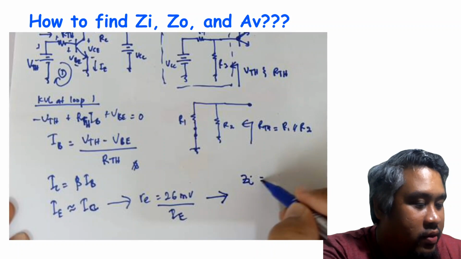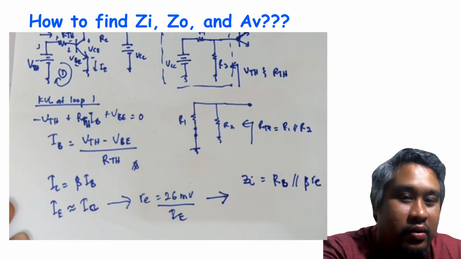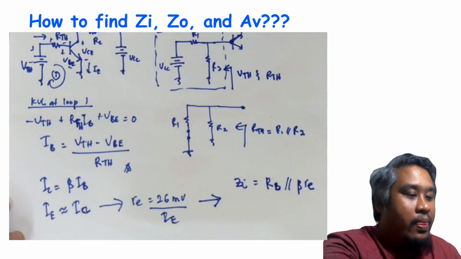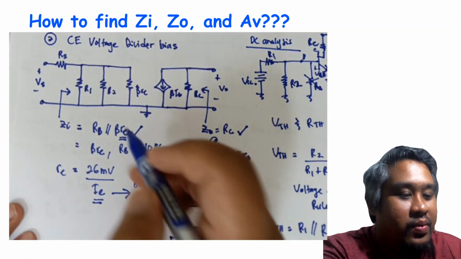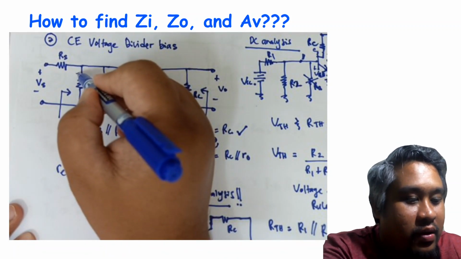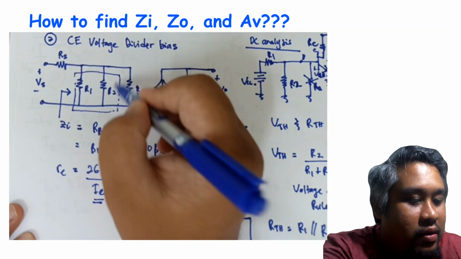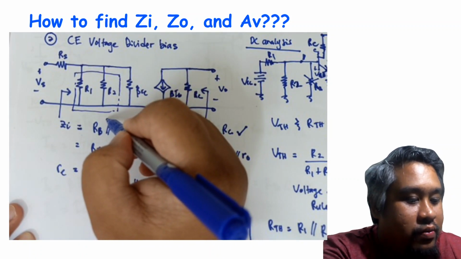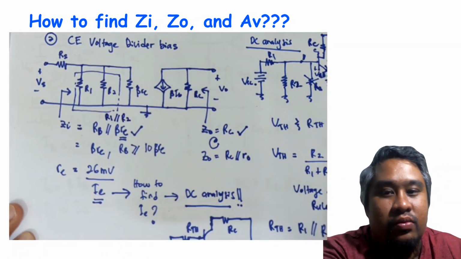Next we can find ZI equal to RB parallel with beta RE. For the voltage divider, this is our RB, and RB equals R1 parallel with R2.